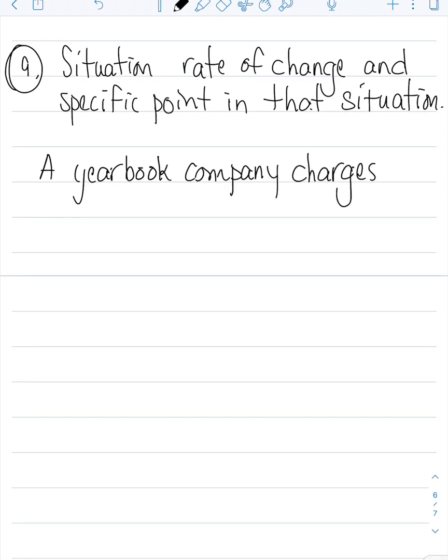A yearbook company charges a 75 cents rate per layout page.